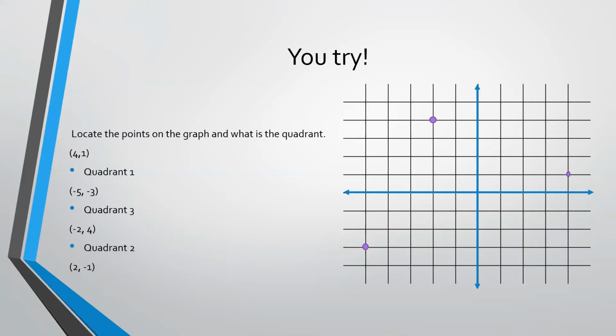Now, the last point, +2 and -1. If you answered this point, then you are correct. So what quadrant is this located in? If you answered 4, then you are correct.